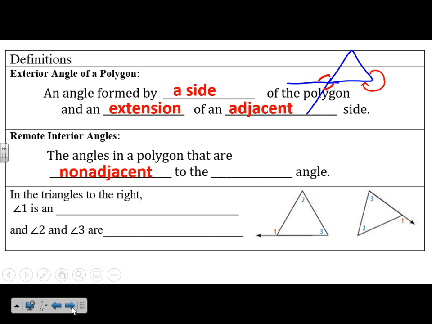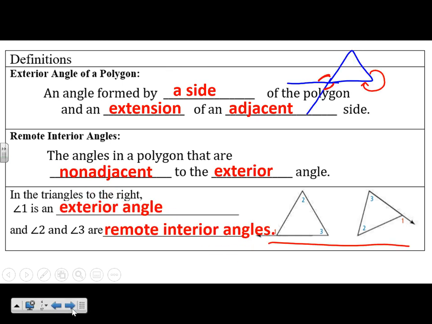A remote interior angle is an angle in a polygon that is non-adjacent to the exterior angle. We already talked about interior angles, the angles inside of a triangle. The remote interior angles are the ones that are opposite the exterior angle. So for instance, if you're looking at the two triangles down here, angle 1 in both of those are exterior angles, and 2 and 3 are remote interior angles.